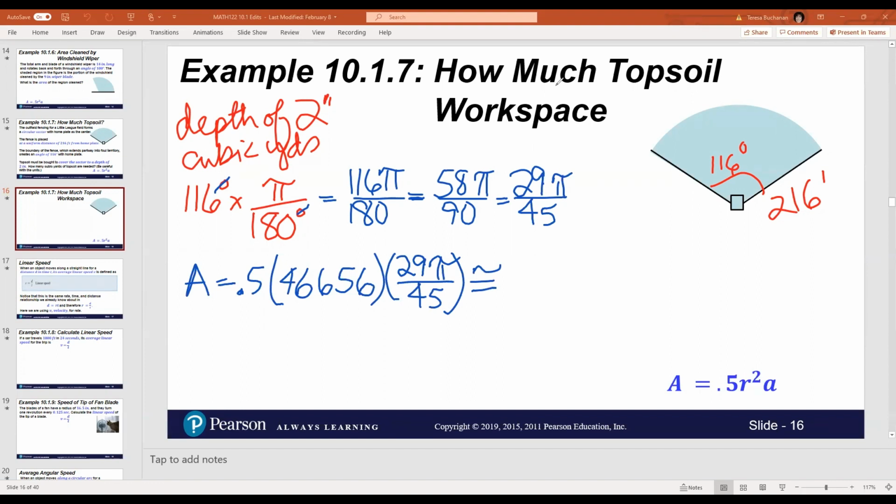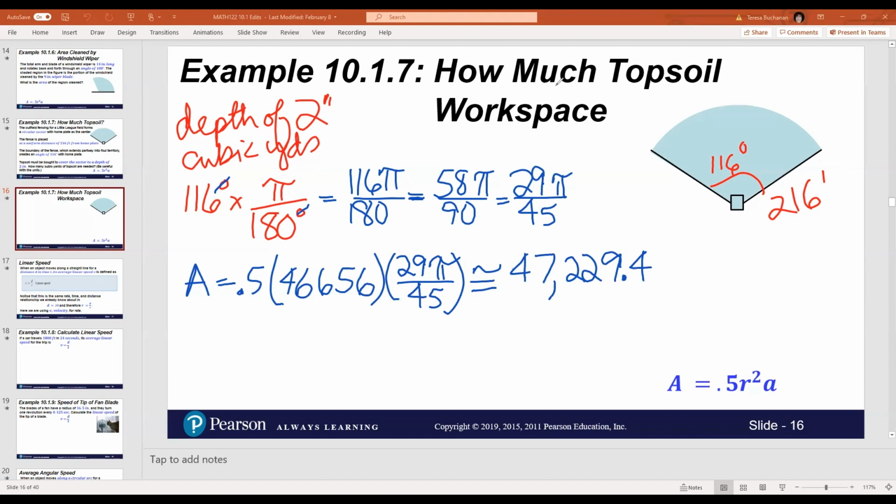So 0.5 times 46656 times 29 pi divided by 45. Isn't this fun? So we get approximately 47,229.4.